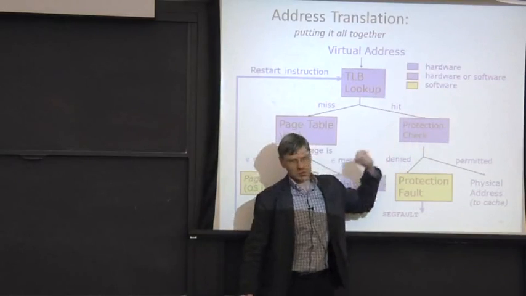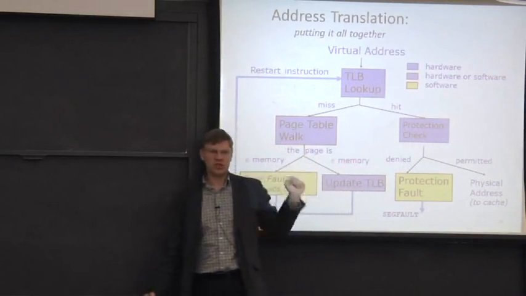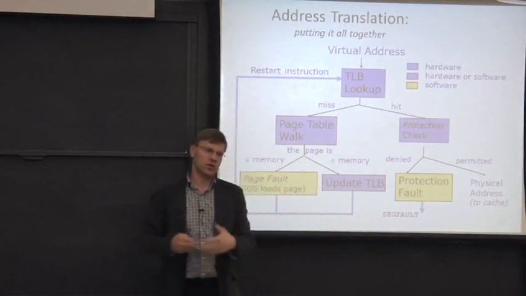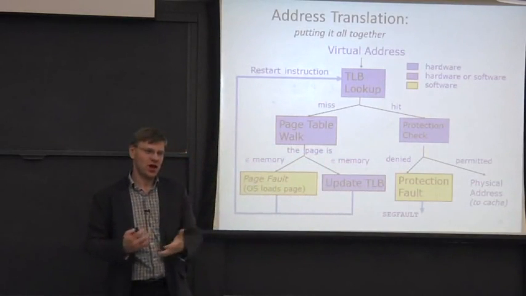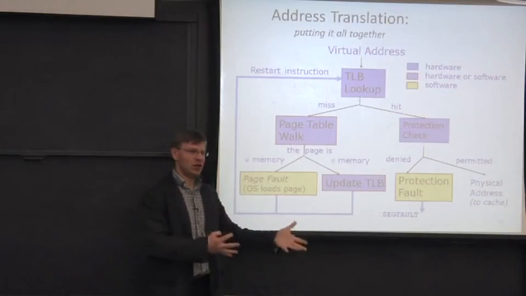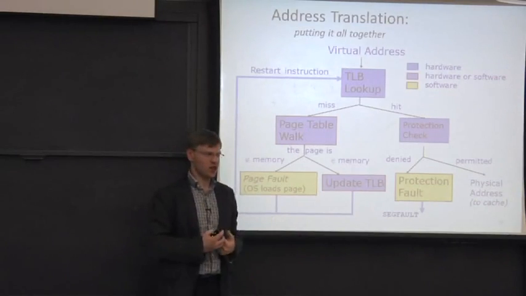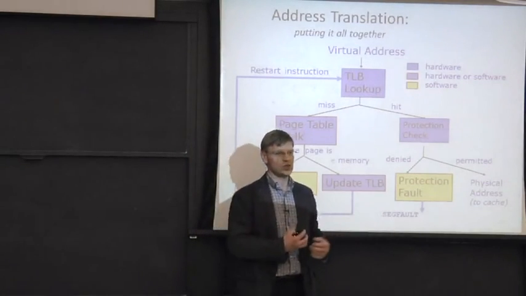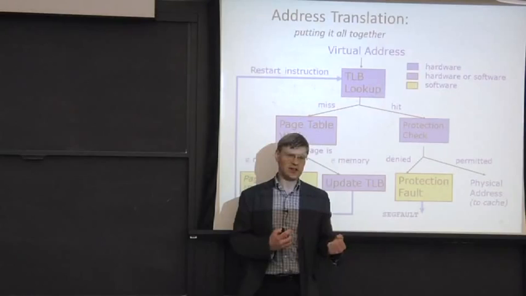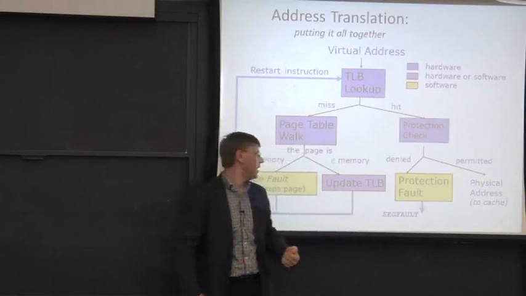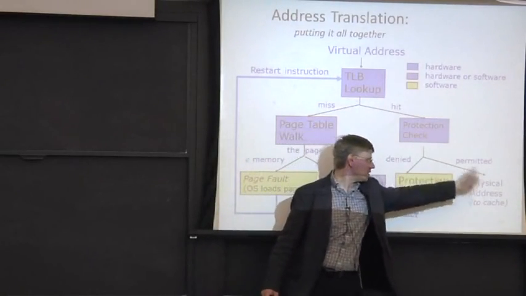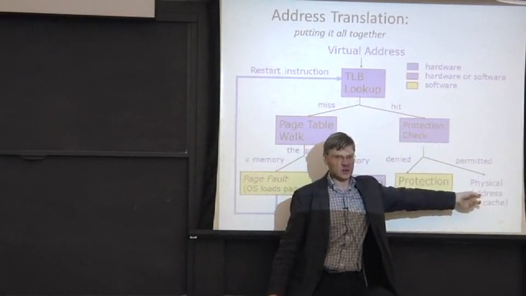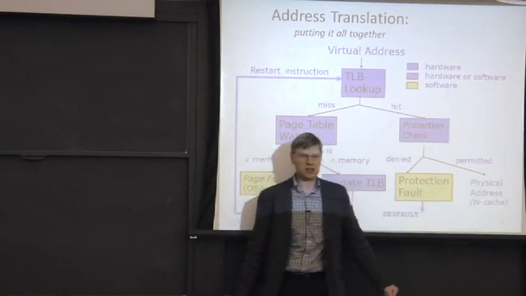You also probably want to check some protection bits, to see if you can do a read or a write, or if the process that is reading or writing the data is in the correct address space. So for instance, you don't want an application trying to read or write the address space of the operating system. If it's permitted, the translation comes out of the TLB, everything's good, and you just go access the data.